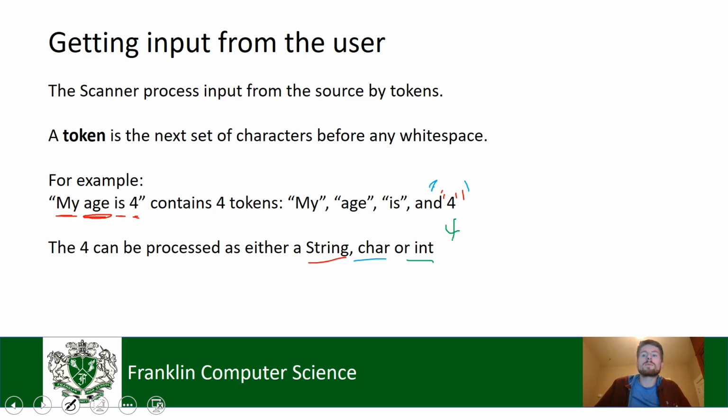You can't do math with strings or with chars. Actually, you can do math with chars. I'll let you look up how to do that. We might talk about it later on, but there are some tricks you can do with char math.